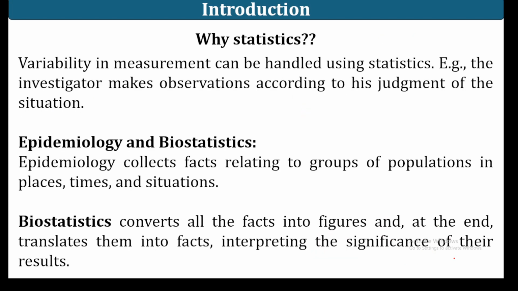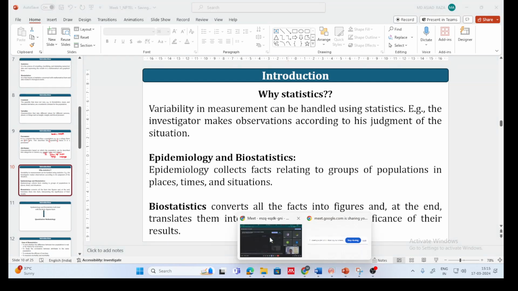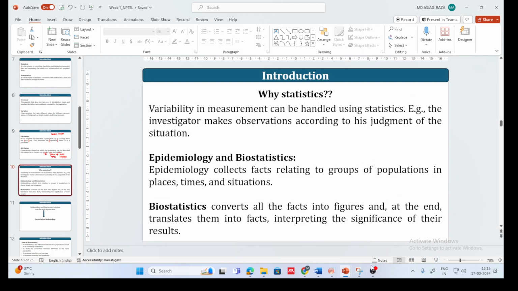Okay, so why statistics? Why do we need to do statistics? We have to handle all the variability in the measurement. It may come from the population itself, since within the population there will be some sort of variability.